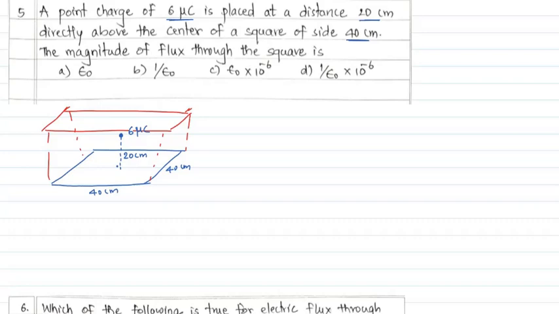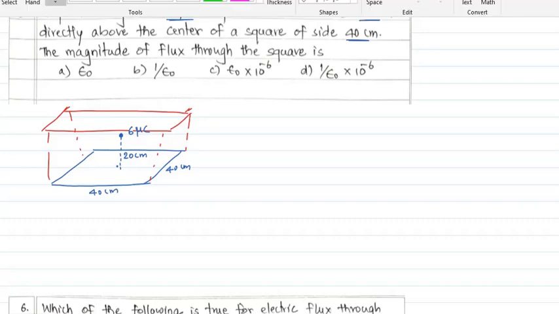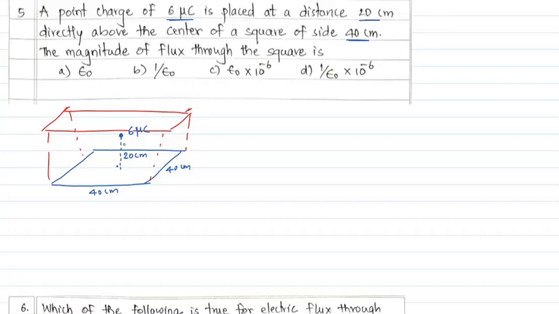So now the total flux out of this cube, since it is symmetric because the charge is at the center, 20 centimeters below, 20 centimeters above you will have the face of the cube, right, left, the distance from all the faces is the same. So the total flux from this cube is given by 1 by epsilon naught summation q.